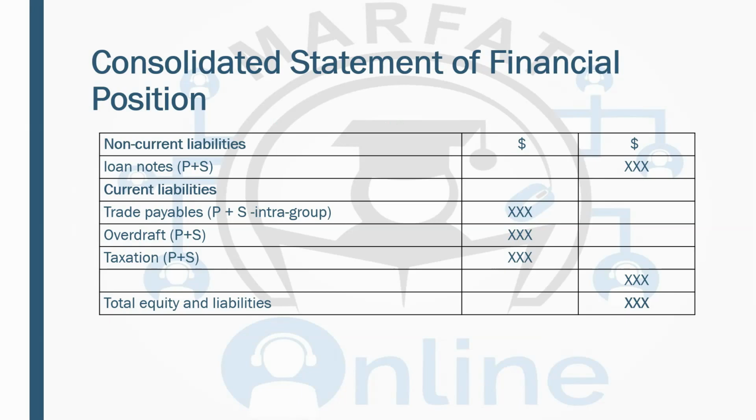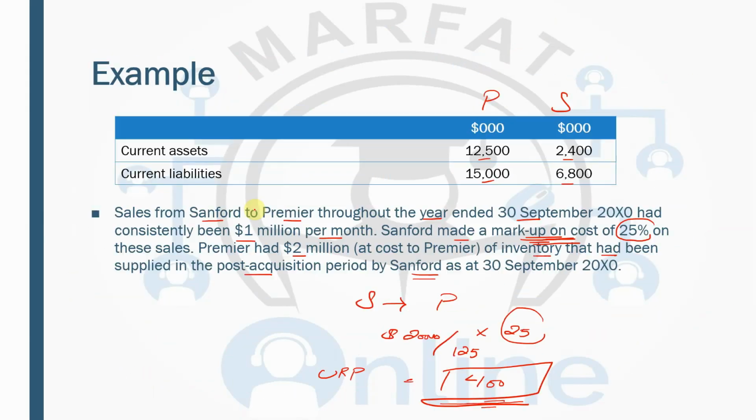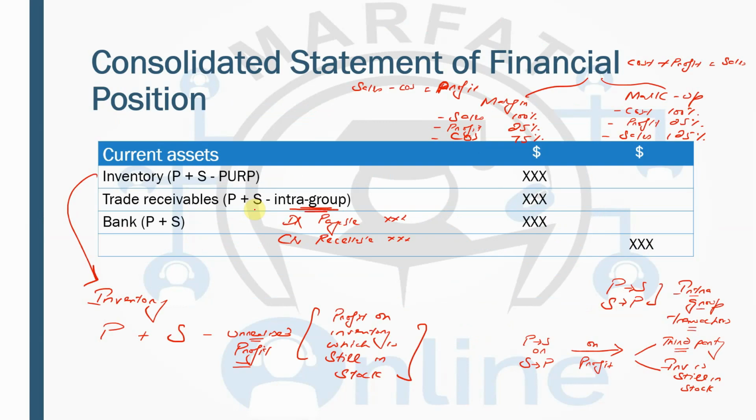Then you have the non-current liabilities. It's a simple thing. Take the non-current liabilities of the parent plus the subsidiary. Then you have the current liabilities of parent plus subsidiary. And do you remember what we did in the current assets? We passed the entry that if the parent and subsidiary are selling to each other, they have recorded the receivables and payables in their books. And based on the single entity concept, we have to eliminate it.